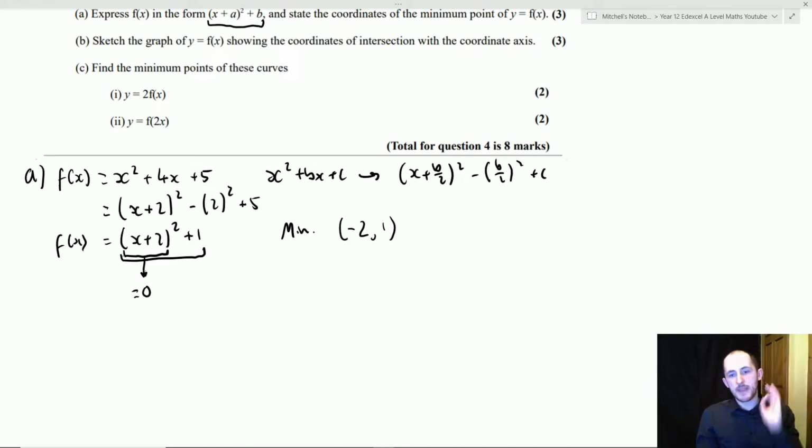Now, how can I make it equal 0? Well, if the inside equals 0 and I'm plussing 2, x has to equal minus 2, so that's why that works. Now, if I do make that bracket equal 0, then I have a plus 1. So the smallest value f of x can give me is plus 1, which is where the 1 comes from. So that's where that comes from. I hope that makes sense.